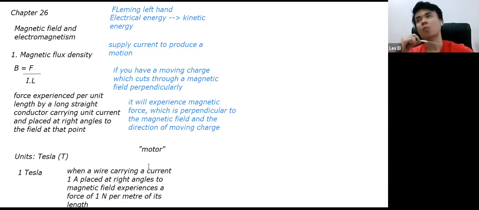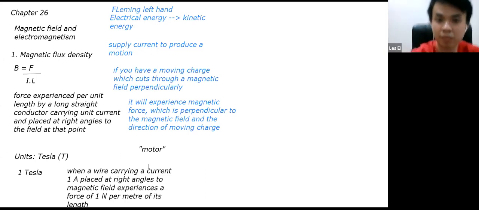Okay. When I say they need to cut through perpendicularly, students have asked whether it must be exactly 90 degrees. No, actually, as long as you have a component which is perpendicular. I'll give you an example.